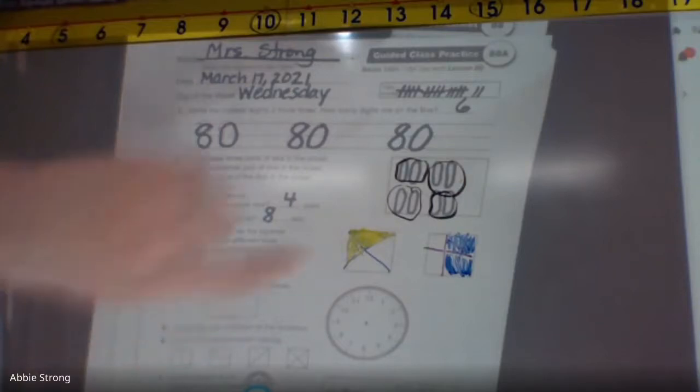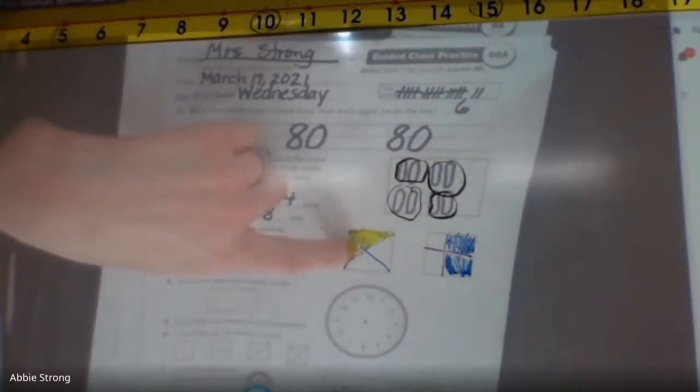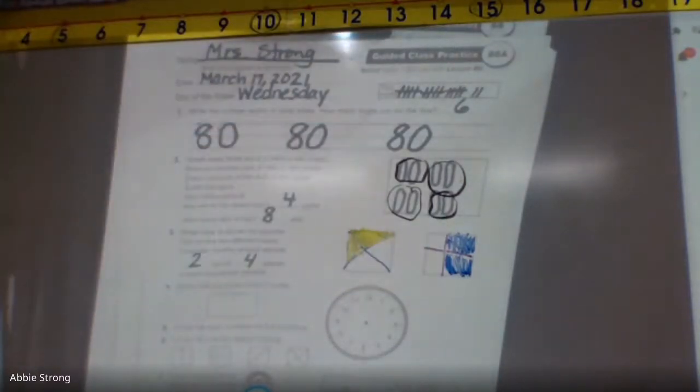You should have 2 pieces on the left square and 2 pieces on the right square colored. You need to color that. You need to color 2 of them here. We're doing it right. Keep coloring.